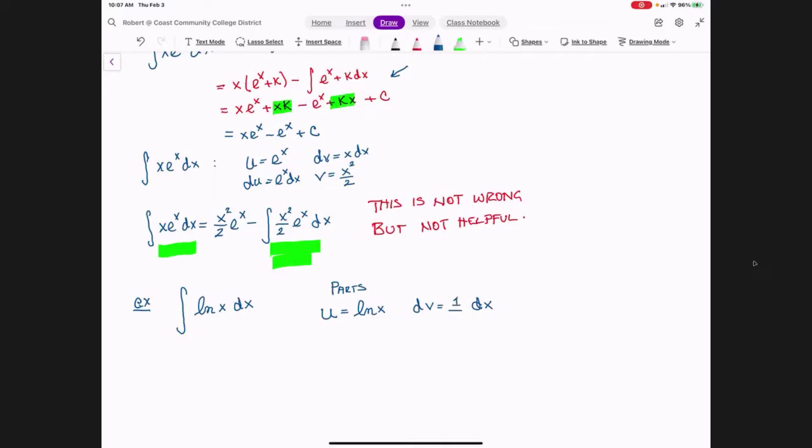Okay, so just the dx goes there, and I'll throw a 1 in and not erase it just because. Okay, so now we go through and we figure out that du is 1 over x dx. And make sure you don't make this mistake.